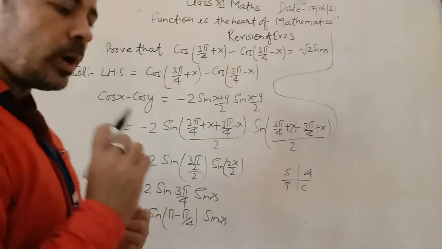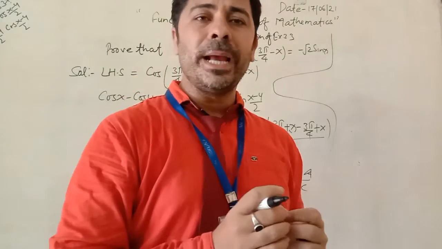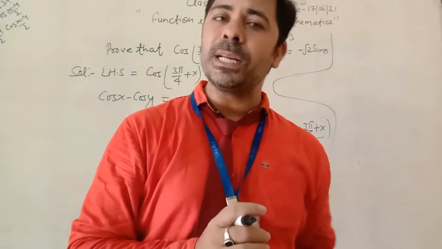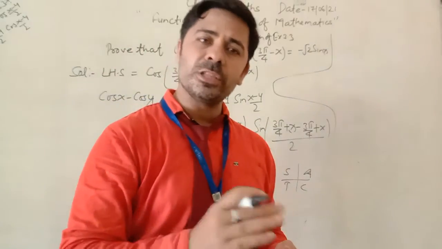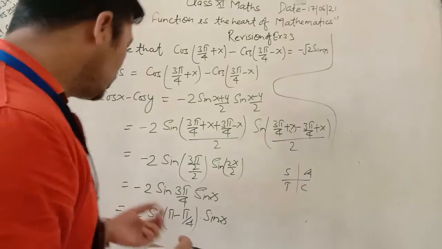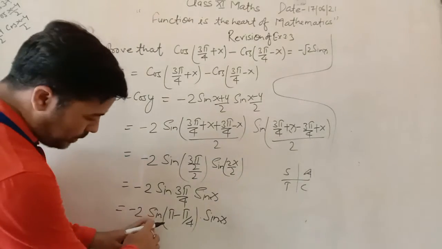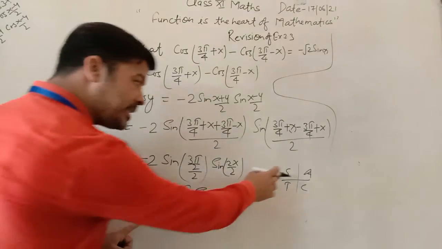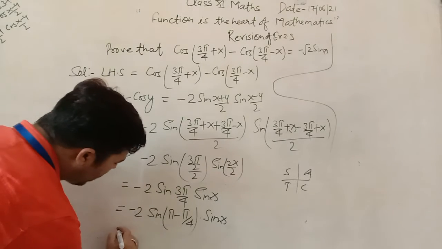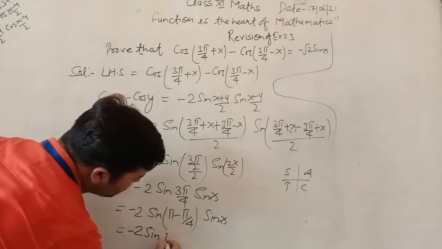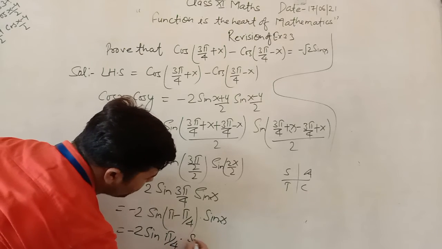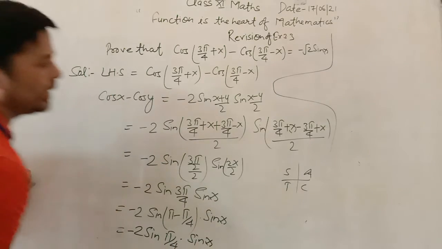And you also know that 180° − θ gives the same trigonometric function, means sine remains sine, cos remains cos, tan remains tan. So here this value goes in sine, and as it is in the second quadrant, the value has a positive sign, so it is −2 sin π/4 into sin x.